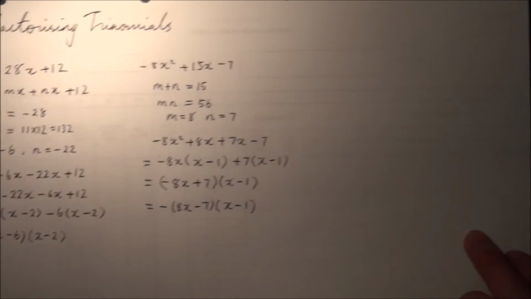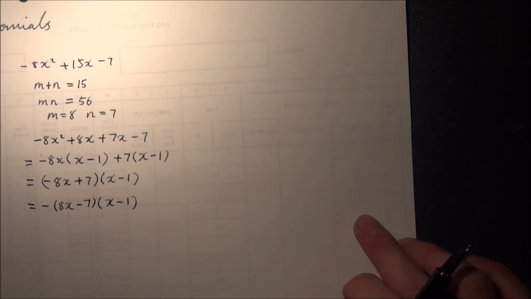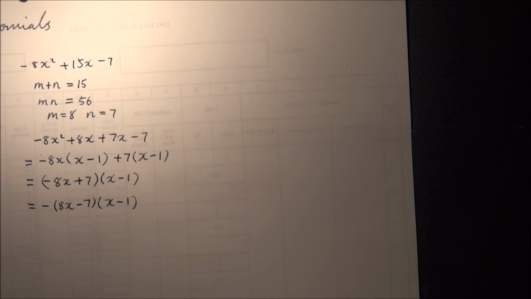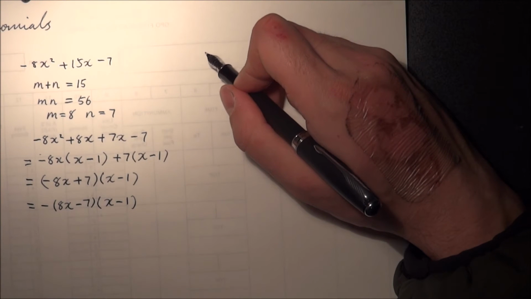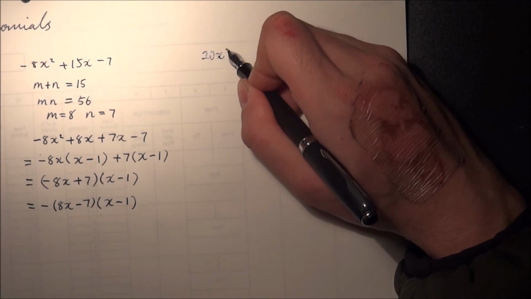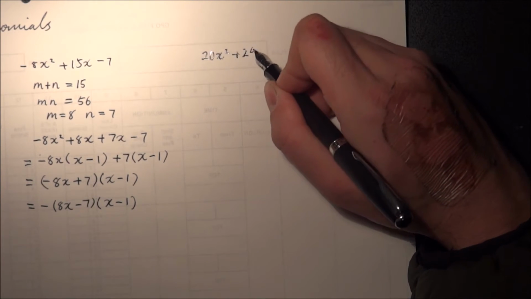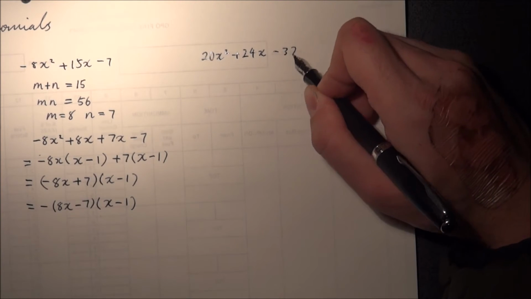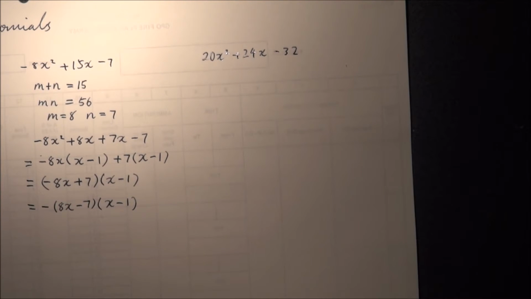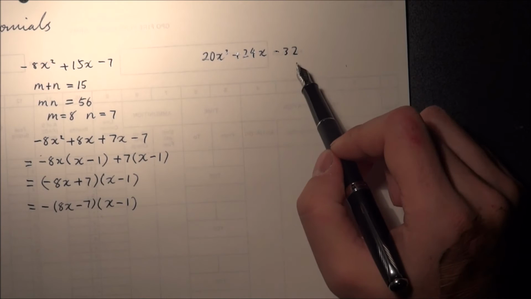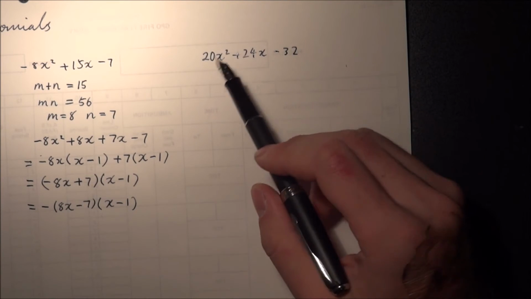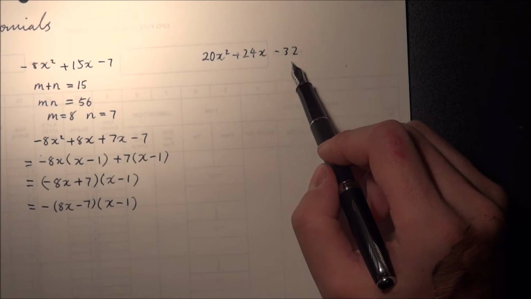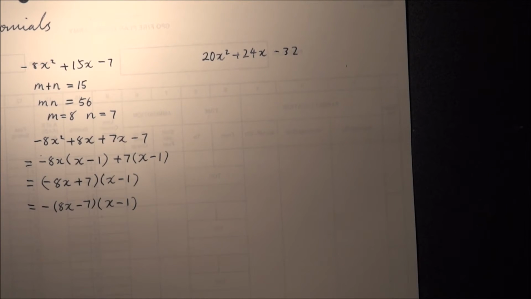And let's try another one, slightly more complicated. So we have 20x squared plus 24x minus 32. Right away, you can see that there is in fact a common factor amongst them, which is, as you can see, the highest common factor between these three terms is 4.